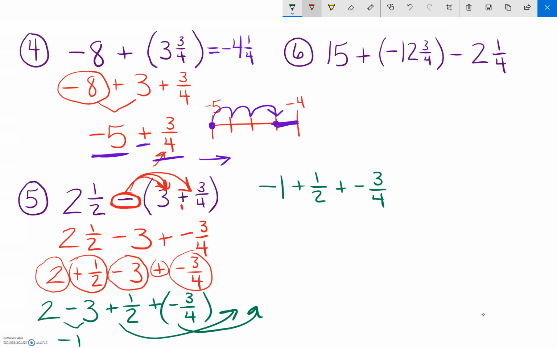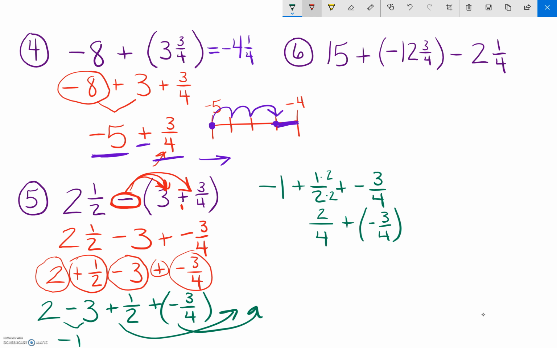Alright, I'm going to leave the integer alone for now, and we're going to work with just the fractions. In order to work with the fractions, you need a common denominator. So this 1/2 needs to have a denominator of 4 so that we can work with it. In order to do that, we multiplied by 2, so we will do the same thing in the numerator.